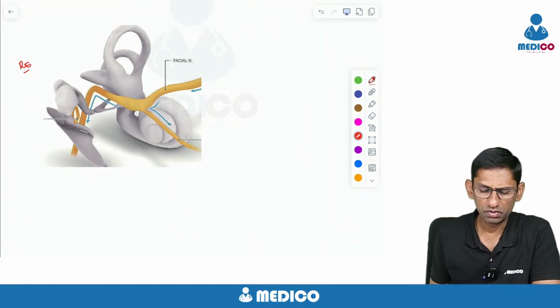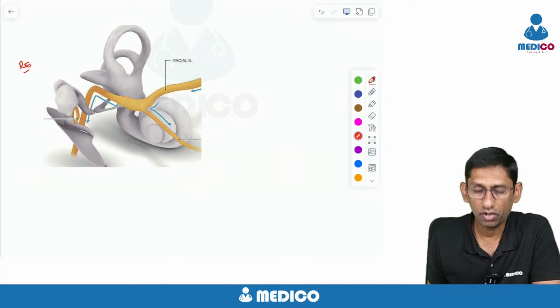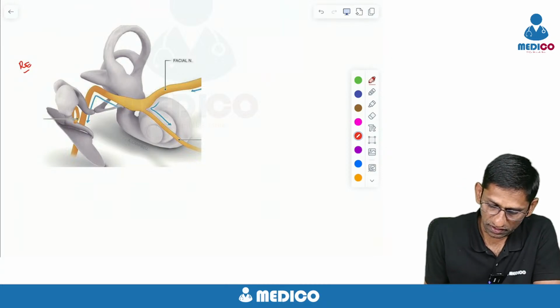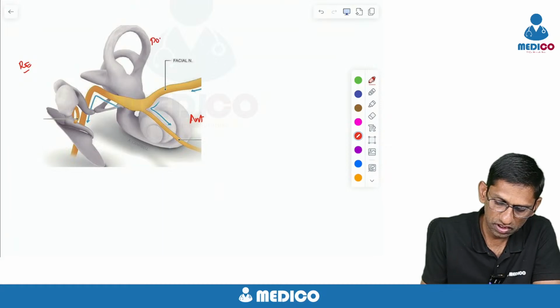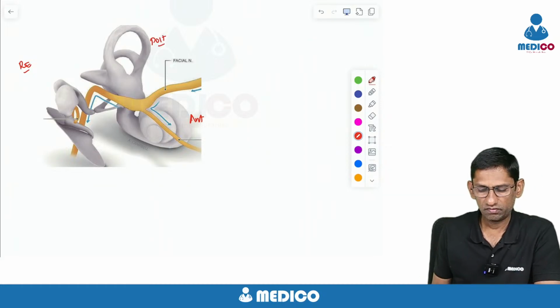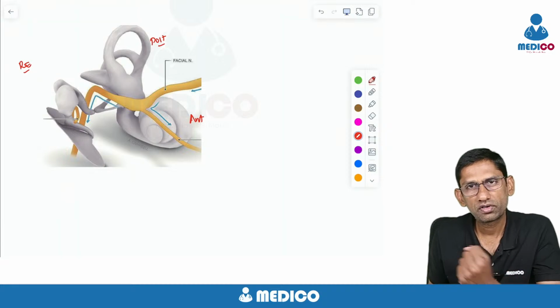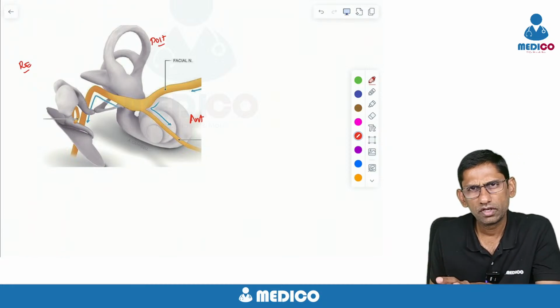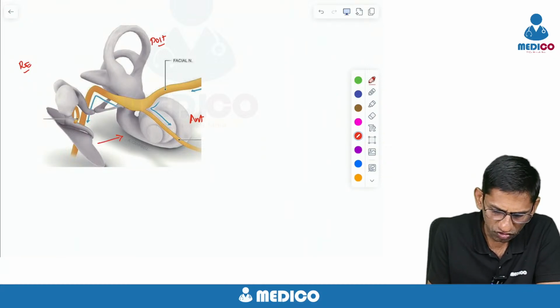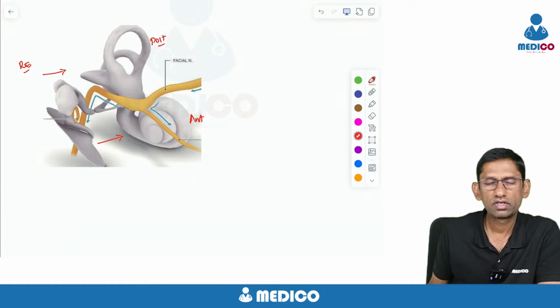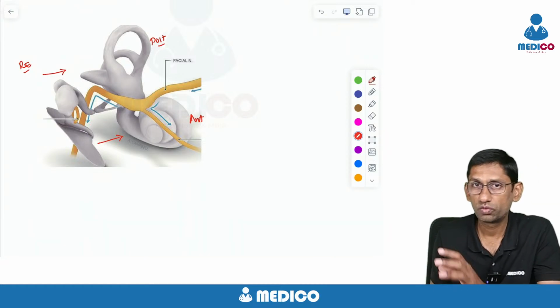We are viewing the middle ear from the anterior part, and more anteriorly we have this cochlea, and more posteriorly we have this vestibular apparatus and the semicircular canals. The thing to notice, this middle ear is related to the cochlea and the mastoid is related to your semicircular canals. So this is the orientation we need to know.